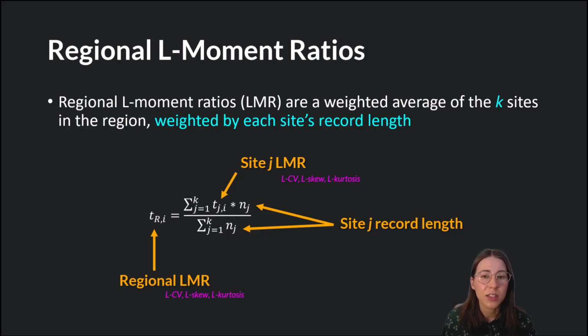What this does is weight sites that have a long record length more strongly than sites that have a very short record length when determining the overall regional L-moment ratio. This is a very similar mechanism to how regional skew is calculated in streamflow, where regional skew is weighted based on the mean square error, which is inversely related to the site's record length.